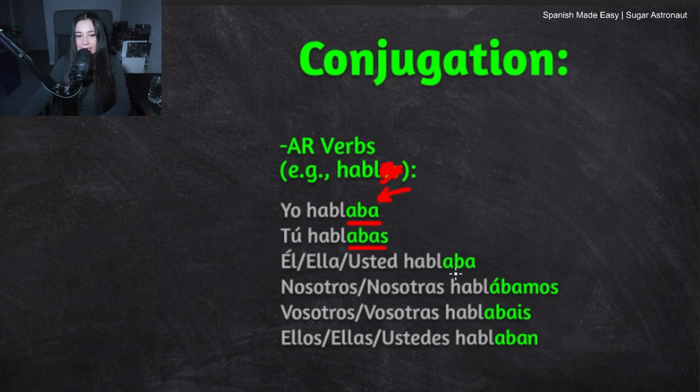So as you can see in green, we have the endings that we need to conjugate verbs ending in AR in the imperfect tense. Okay? Yo hablaba, tú hablabas, él, ella, usted hablaba, nosotros or nosotras hablábamos, vosotros or vosotras hablabais, ellos, ellas, ustedes hablaban. Okay? Perfect.